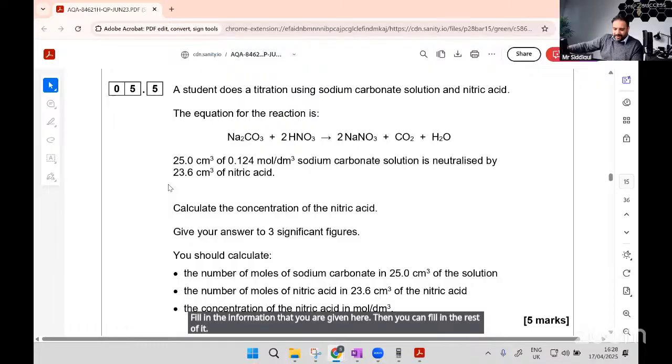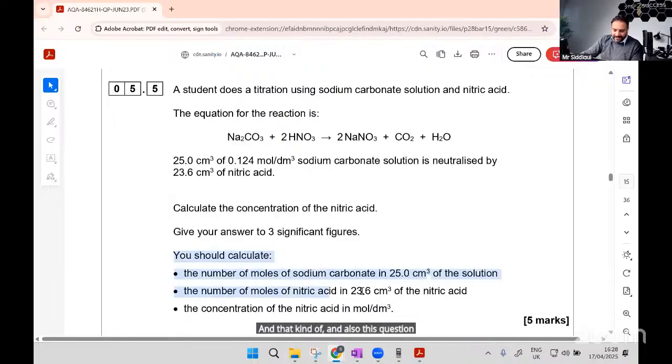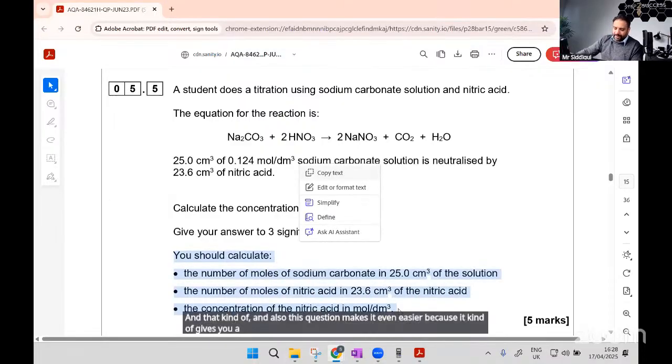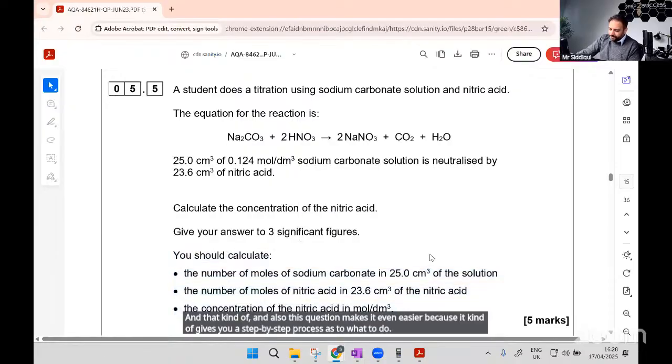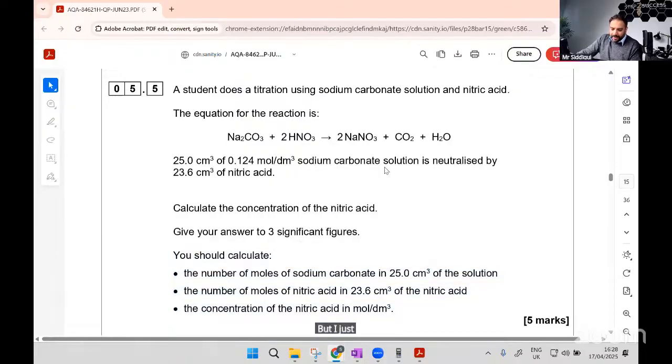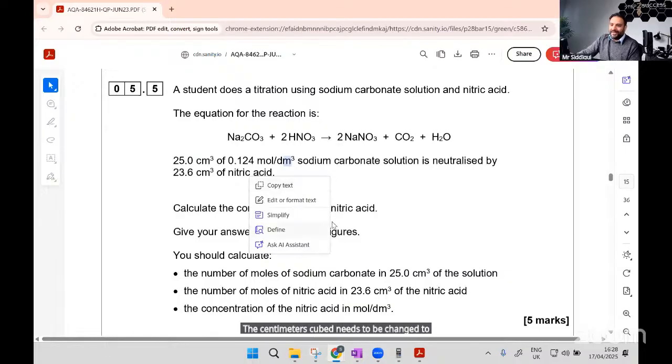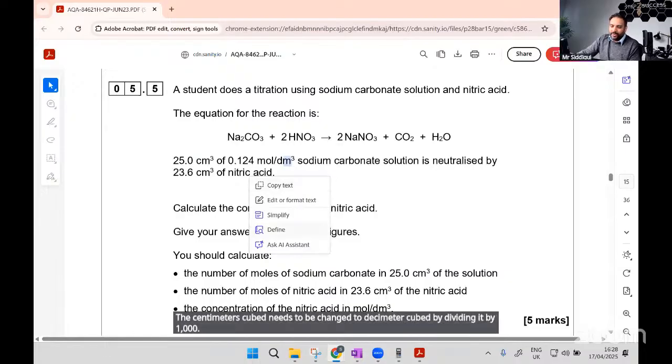And this question makes it even easier because it gives you a step-by-step process as to what to do. But I just don't think you need to worry about it. But remember, nearly all the time, the centimeters cubed needs to be changed to decimeters cubed by dividing it by 1,000, almost always.